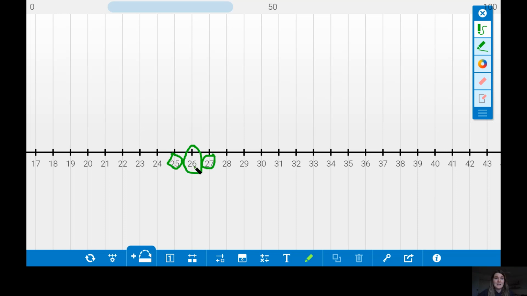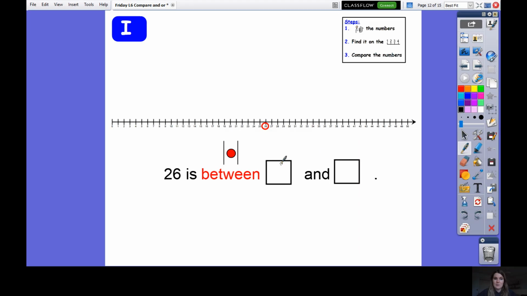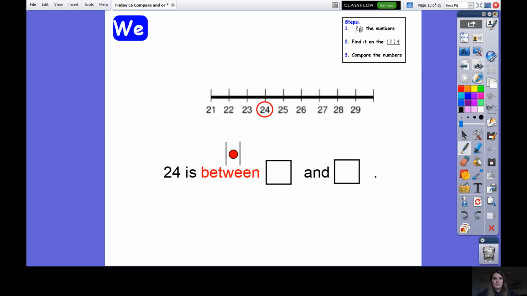So 26 is between 25 and 27. Fantastic. So we can compare and look for numbers that are between, as well as numbers that are greater and less than.